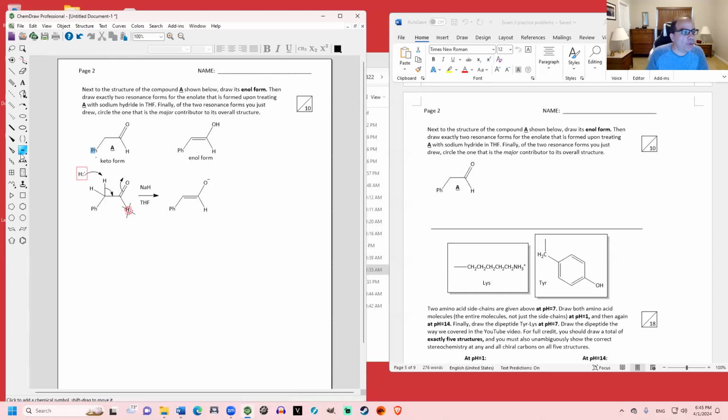And one of the resonance forms of the enolate will have the minus charge on oxygen. That's the one we generally draw.